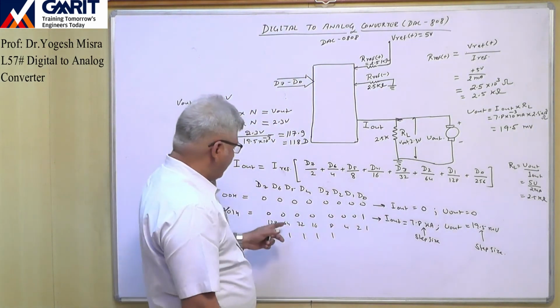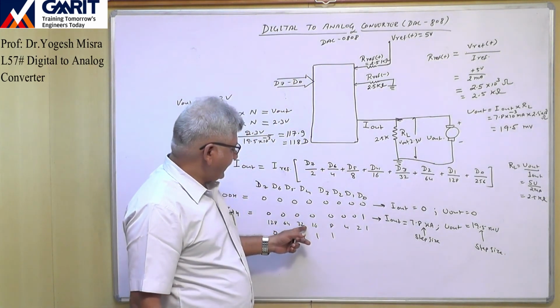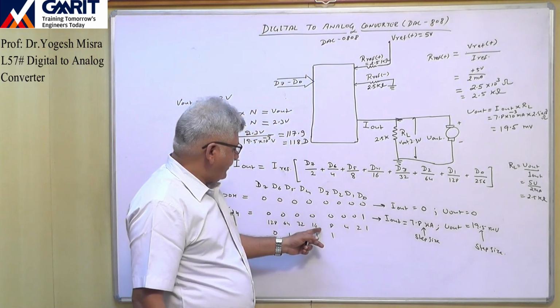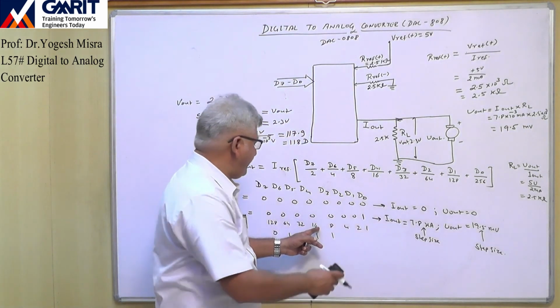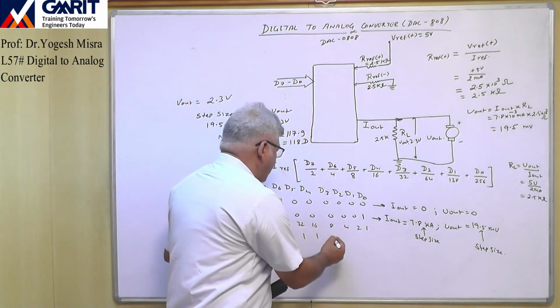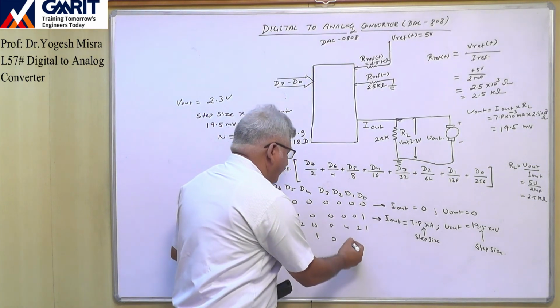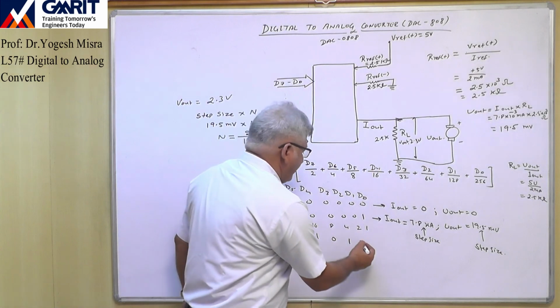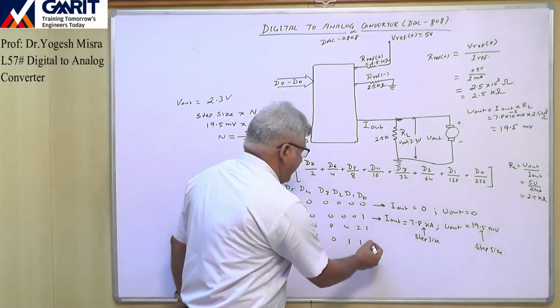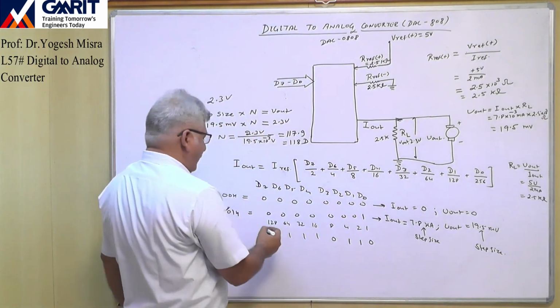How much is it? 64 plus 32 is 96, plus 16 is 112. We require 118. 112, plus 4 is 116, plus 2 is 118. And this is 0.